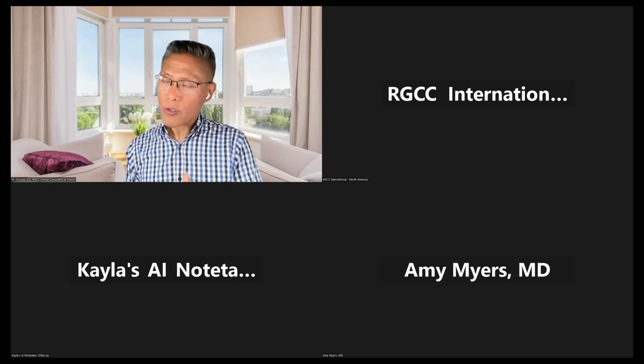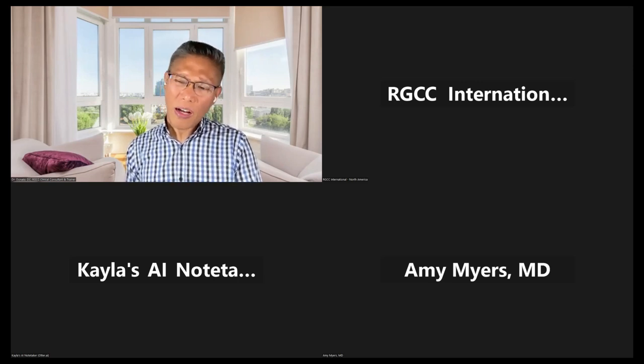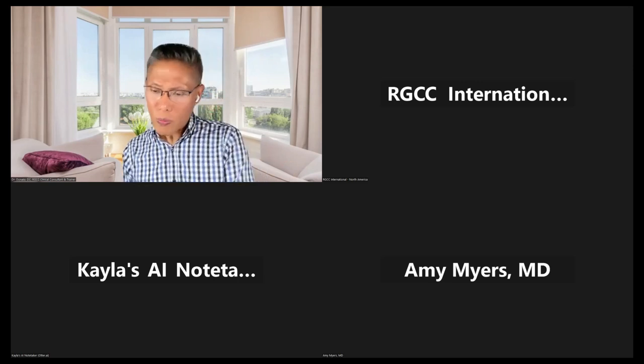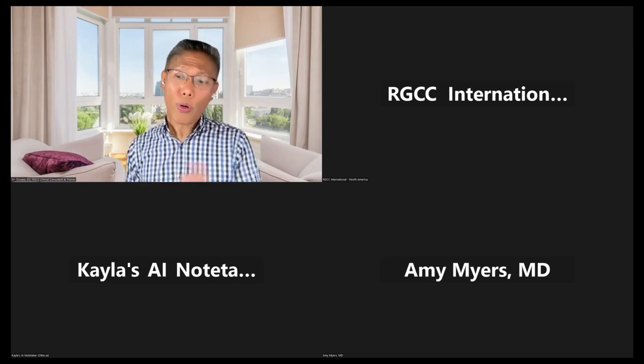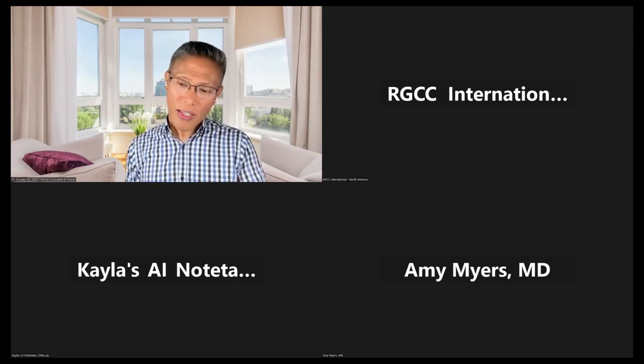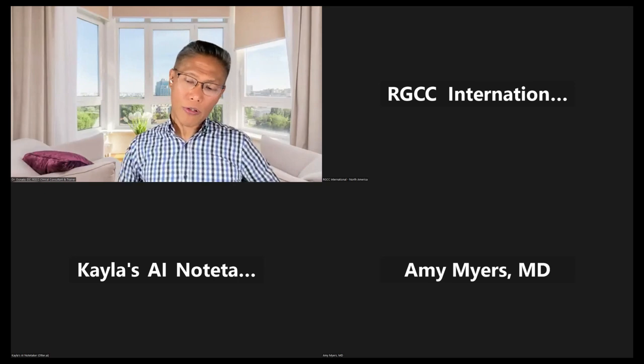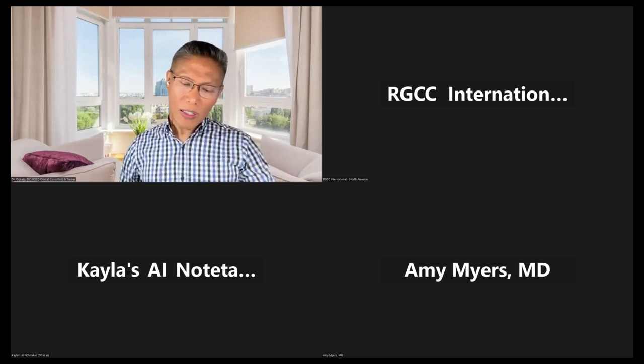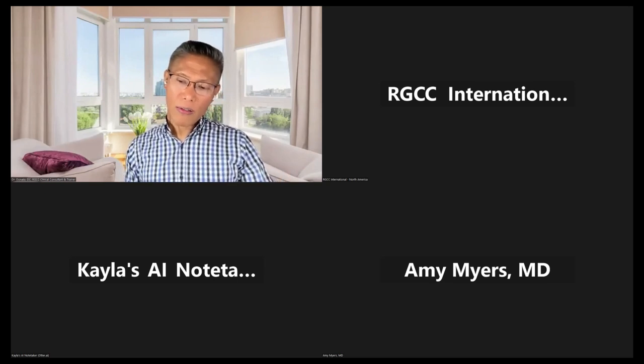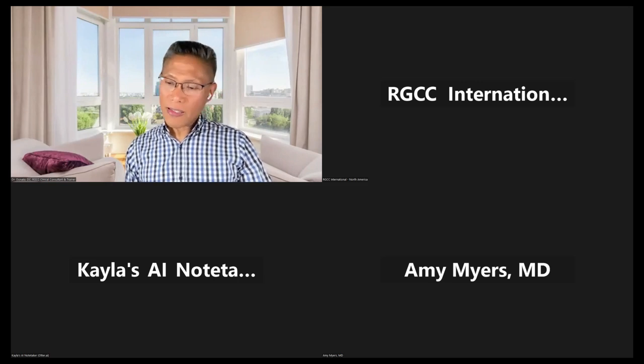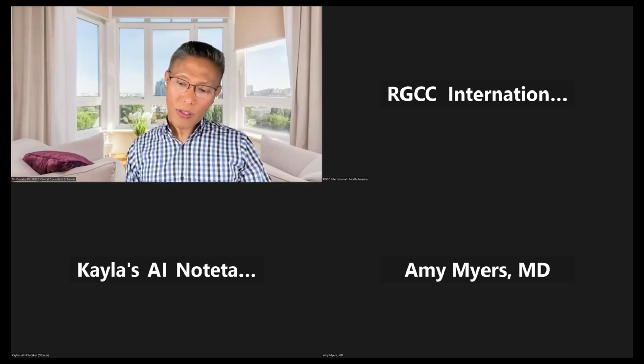So we need to first determine, is this high risk? Is this low risk? Is it no risk? To understand that, you have to have the phenotype markers and the cancer stem cell or stem cell markers.